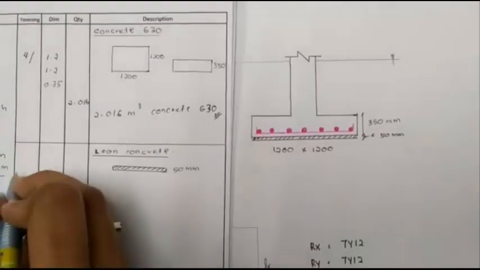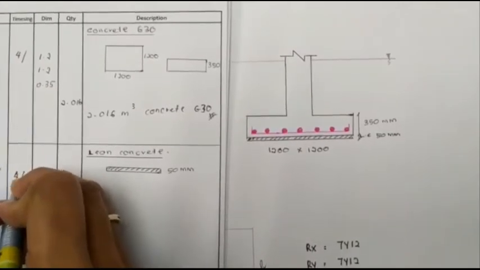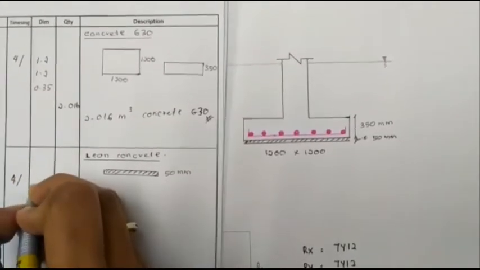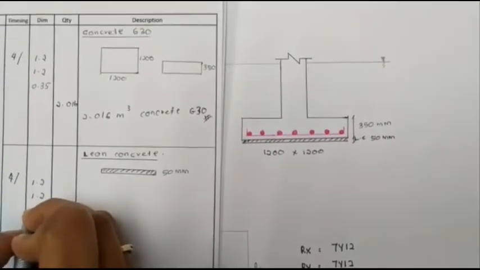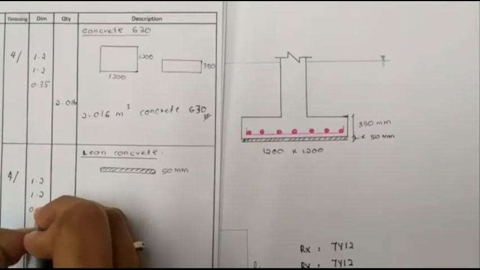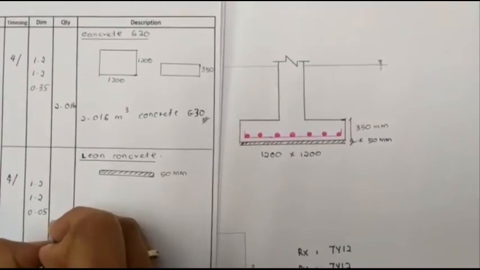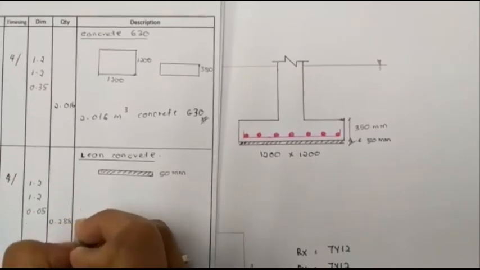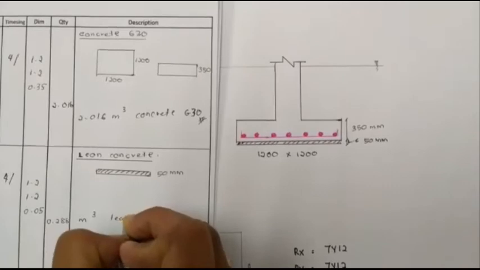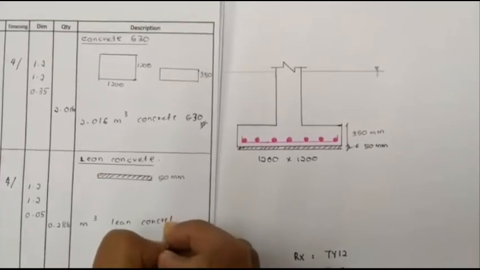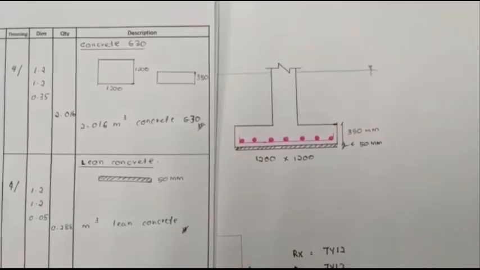So we can write here, multiplying the number of pad footings 4, the dimension 1.2 and the thickness 0.05. So we get the value 0.288 meter cube for lean concrete. So we're done with the calculation for concrete.